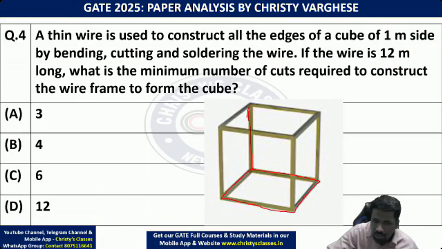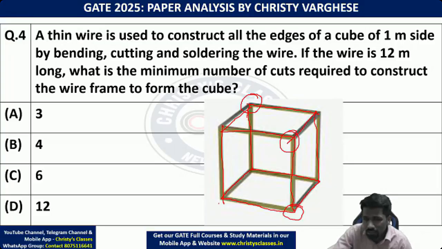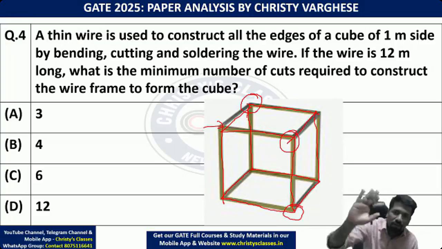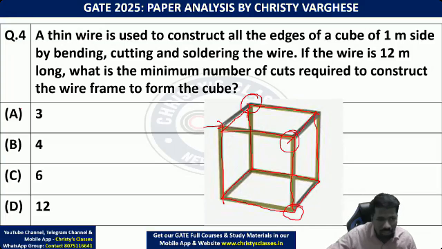I am just continuing like this. For example, if I done like this, here I have to cut 1 cut, then ऐसा किया, here I have to cut 2 cut, ऐसा किया 3rd cut, ऐसा किया, so 3 cuts only needed. उसके बाद last यहां cut नहीं करना है because already the wire got finished, इसलिए 3 cut काफी है.